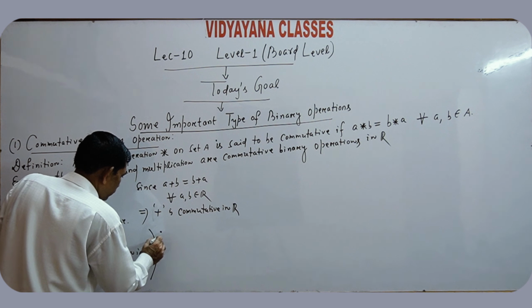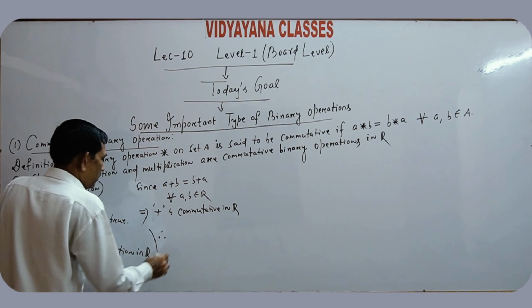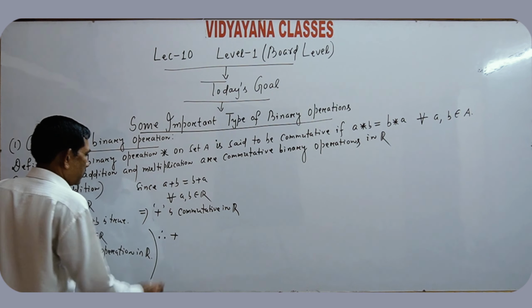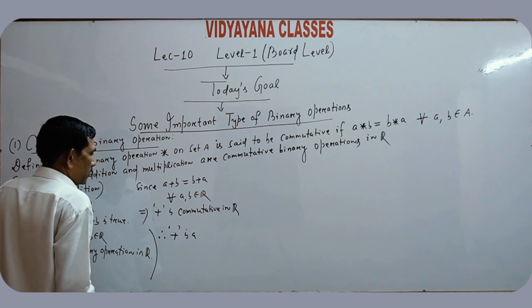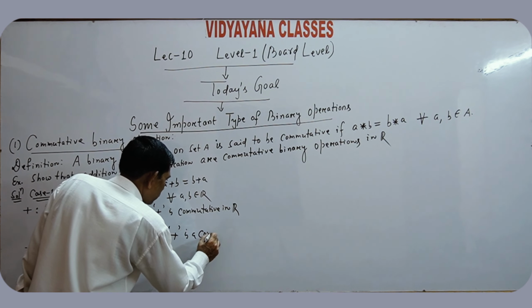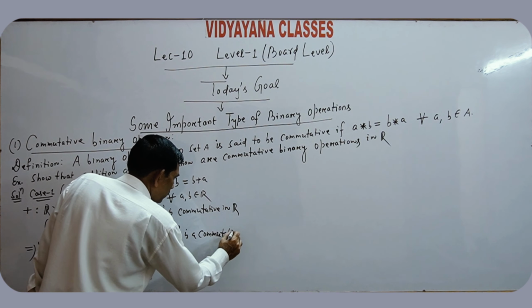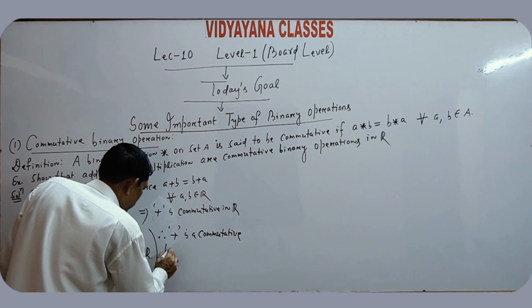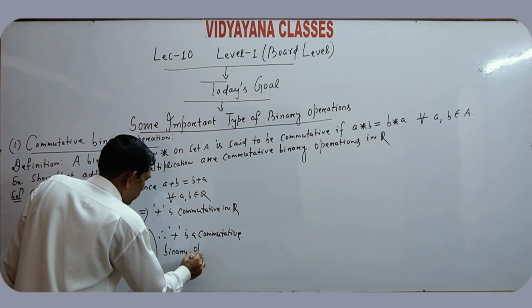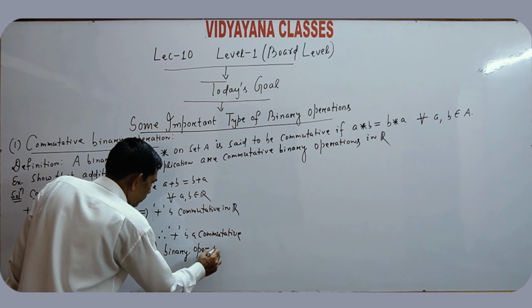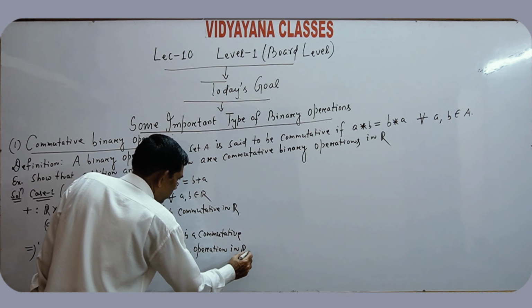Therefore, addition, denoted by the plus sign, is a commutative binary operation in R, that is the set of real numbers.